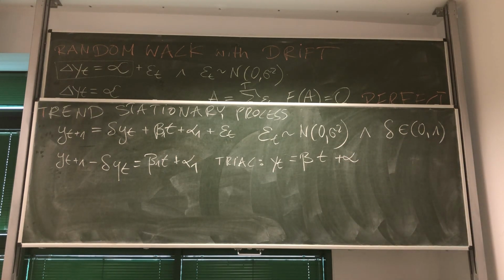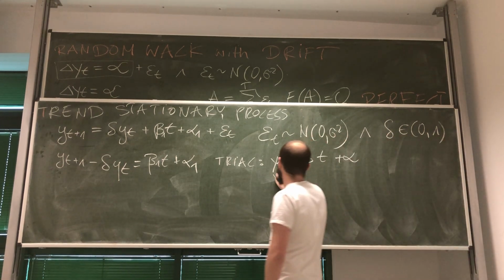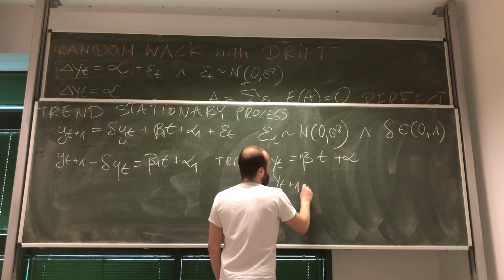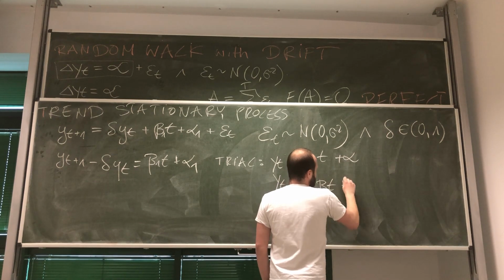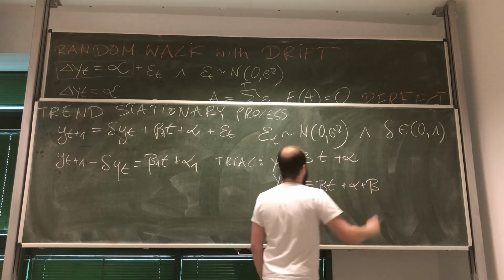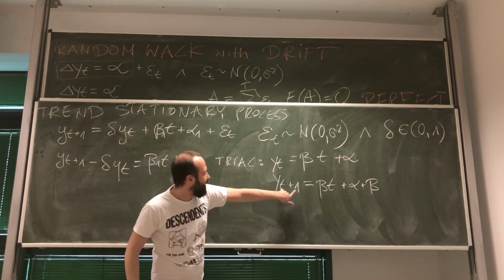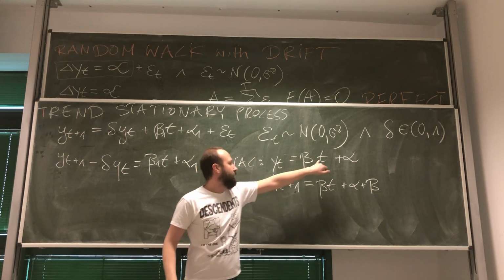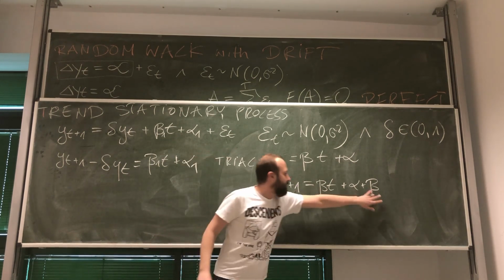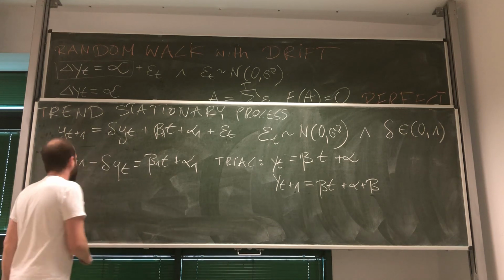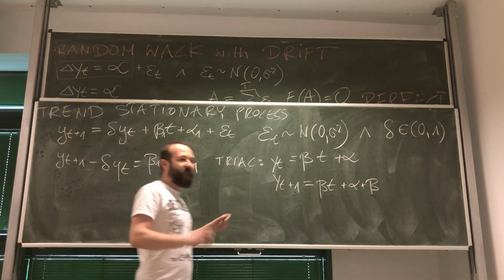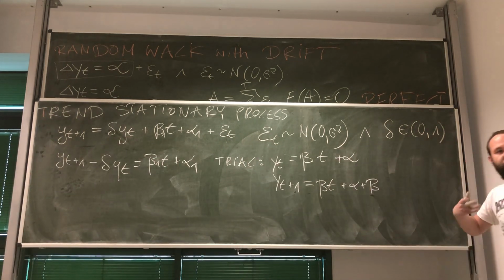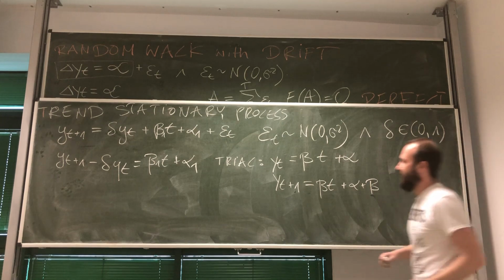Because this is a linear function, and consequently y_{t+1} is equal to beta t plus alpha plus beta, right? Remember, we substitute t plus 1 instead of t, and as a result, this is what we get. Okay, so first thing we're going to do is find the particular solution, so the equilibrium solution for this case.